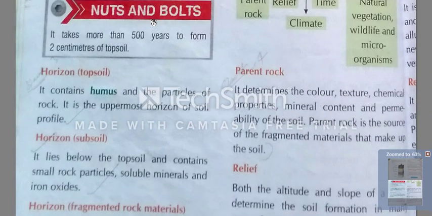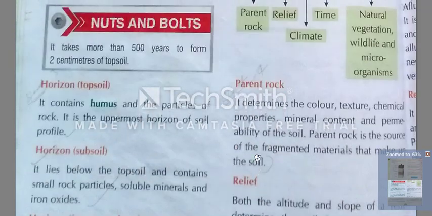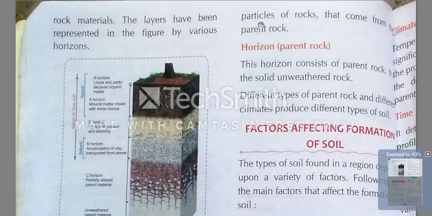fragmented rock material. Clear? It is made up of small particles of rocks that come from the parent rock.